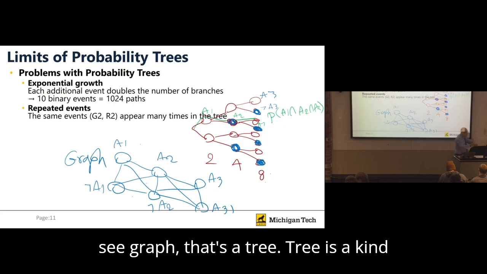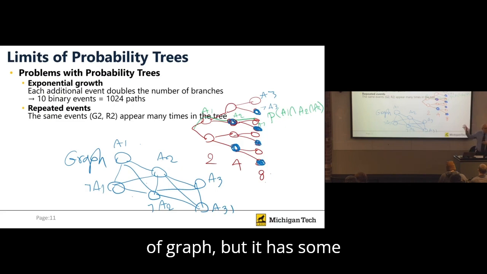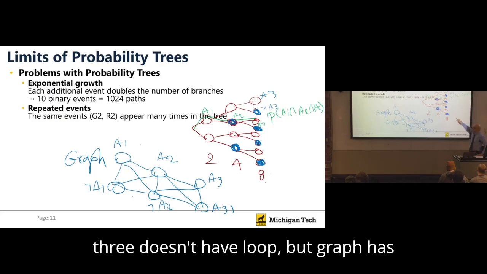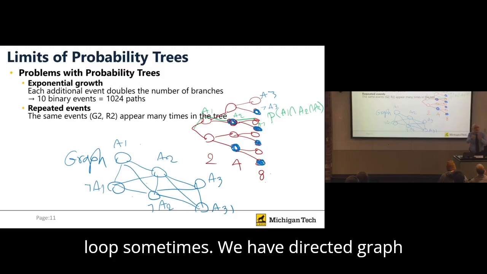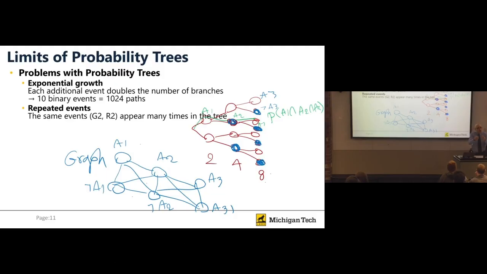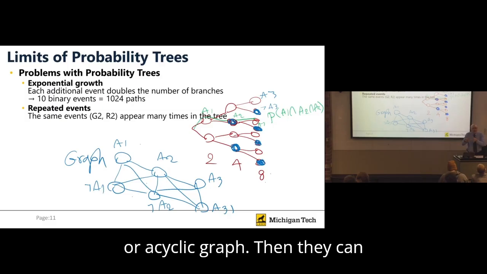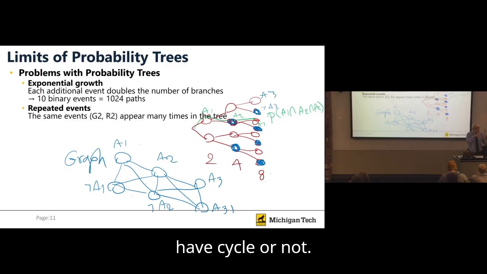Tree is a kind of graph, but it has some problems. Also, tree doesn't have loops, but graph has loops sometimes. We have directed graph or undirected graph. We have cyclic graph or acyclic graph. Then they can have a cycle or not.